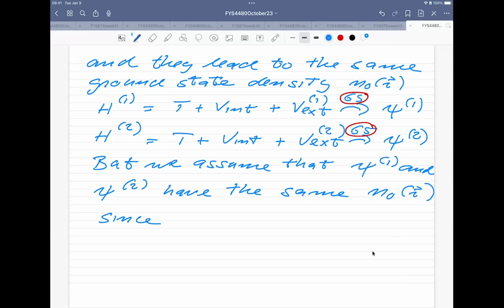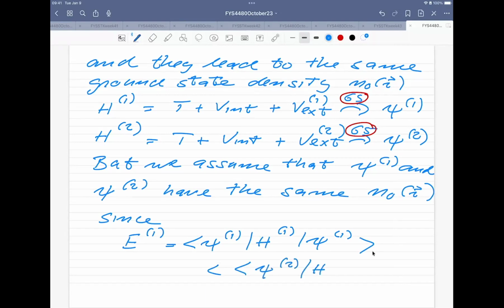And what we are doing now is that I can define the energy E1, which is equal to psi 1 of H1 of psi 1. So that's the ground state energy. Now, what I can assume then is that psi 2 is not the ground state of H1. So I'm going to assume that this is smaller than psi 2 of H1 of psi 2, with the same Hamiltonian.